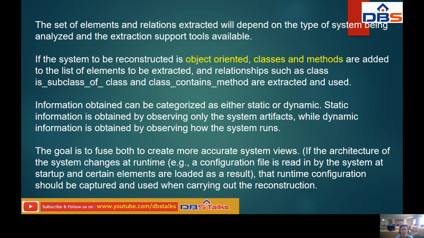If the system is to be reconstructed, for example, and it is object oriented, then based on this information and these relations it will have different types of interfacing classes and different types of methods, which are added to the list of elements to be extracted.